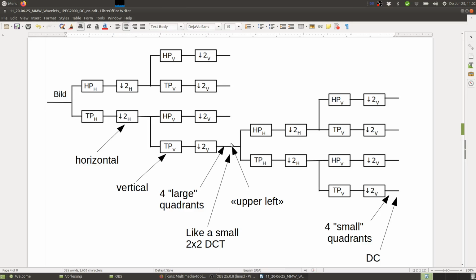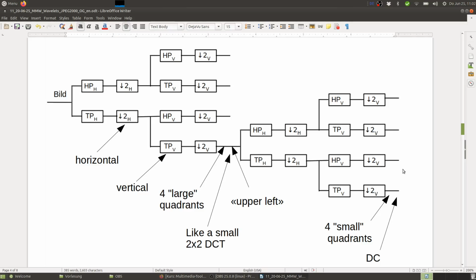So here, this would be, for instance, the upper left corner of our frequency domain. Yeah, so then we take the lowest frequencies here. So this is the upper left, which corresponds to DC, right at this point. And then it's subdivided again into 4 small quadrants.